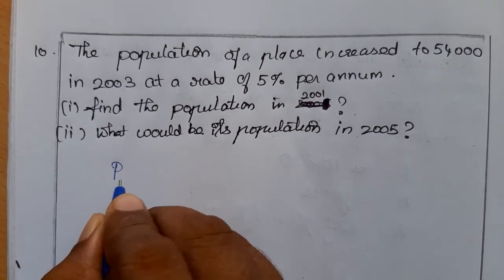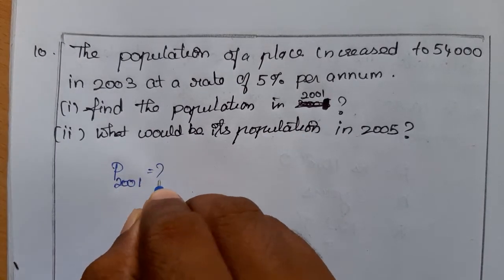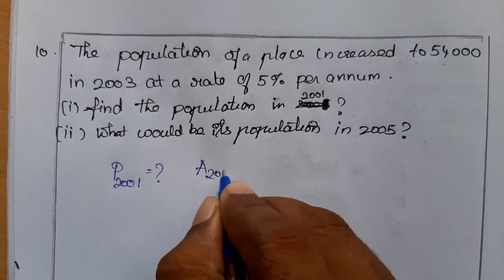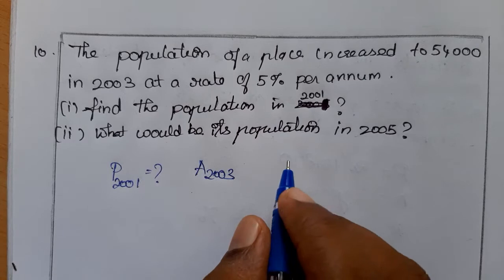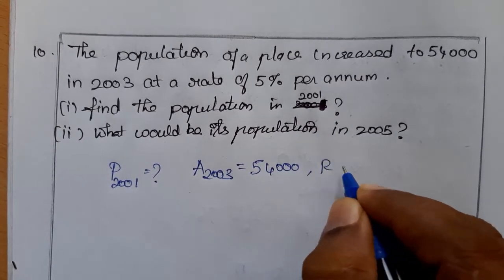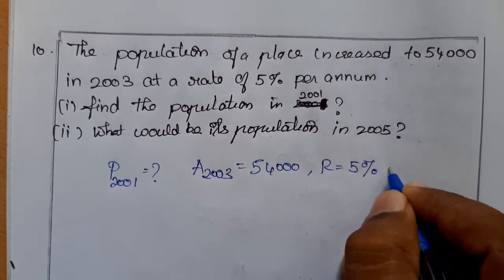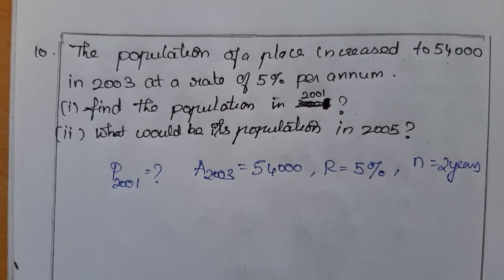So the principal P for 2001 is what we have to find, and the amount is for 2003. The amount is 54,000, the rate is 5%, and the time here is 2 years, right?